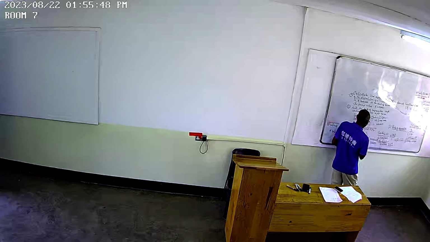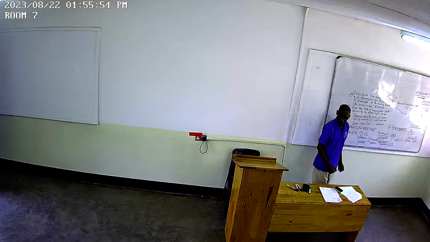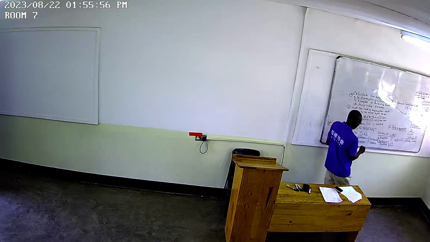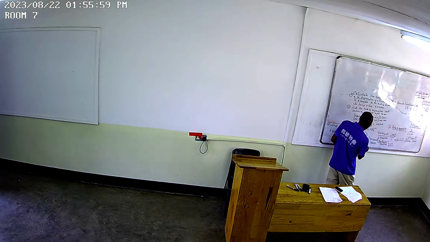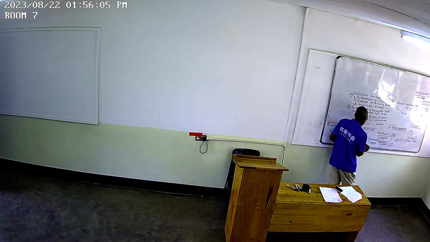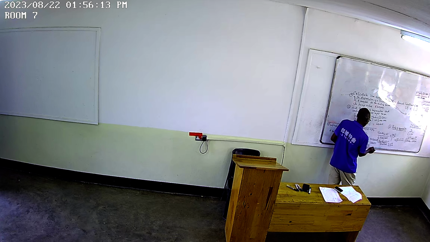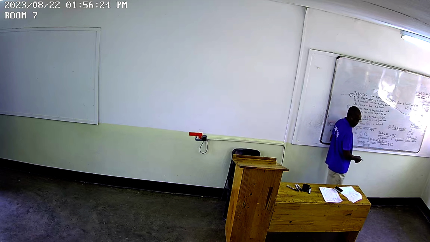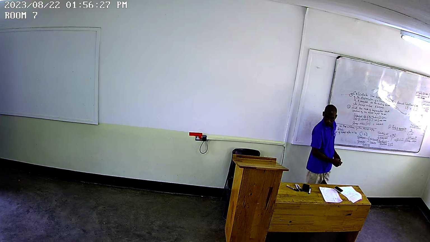5 million. Now, when you do it like that, what is it giving you? 3 million, right? 3 million. 3 million 353,000. 3,353,000.